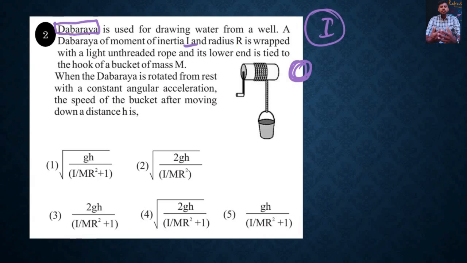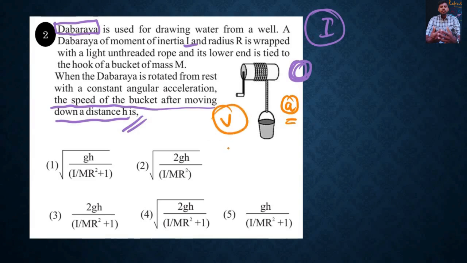They are asking about the speed of the bucket after moving a height h. My basic steps: we need to find the acceleration first, just like in the previous question, then apply the linear motion equation, and then find the velocity. That's the plan.